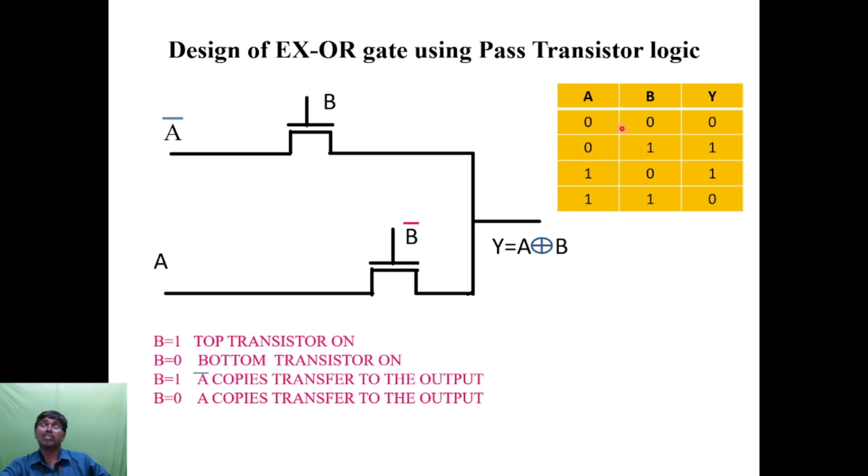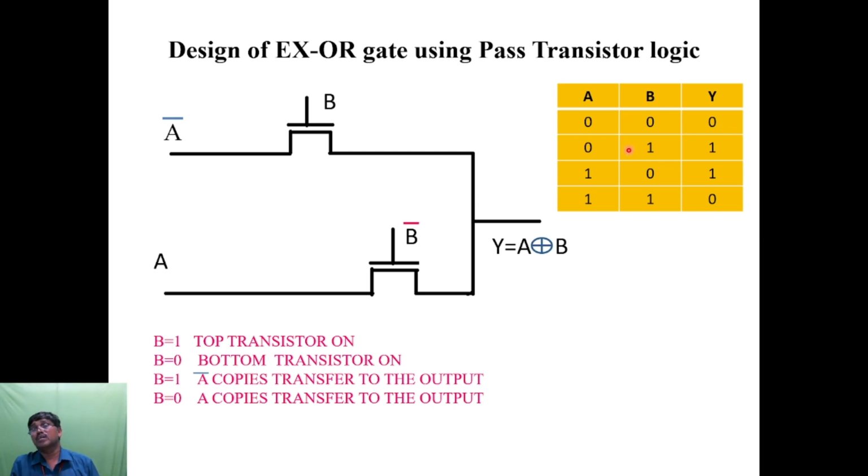Whatever the data input is will be directly transferred to the output if the control input is B bar, that is, when B is equal to 0. In the first case, when A is equal to 0, the 0 will be transferred here, and here with control input 0, 1 will be transferred. So that is the concept.